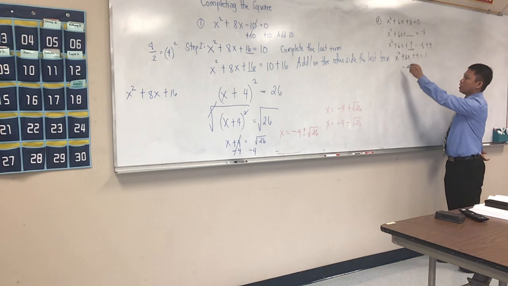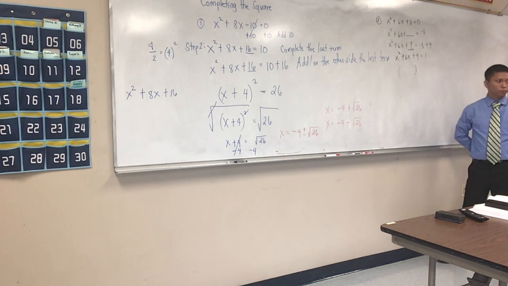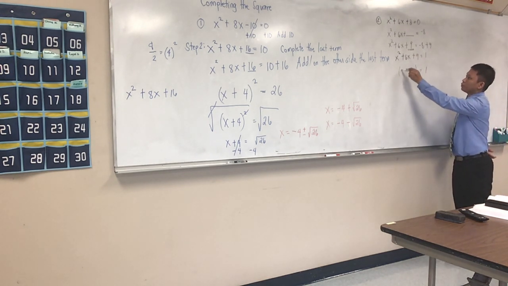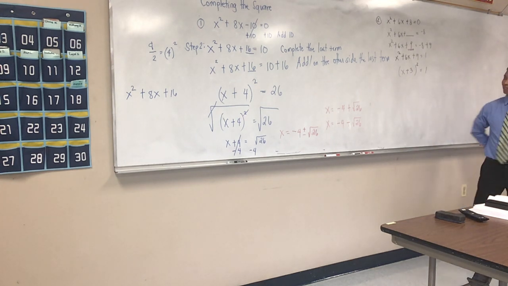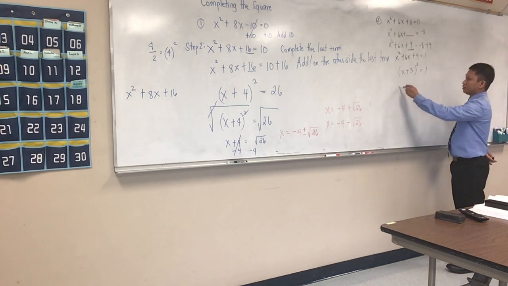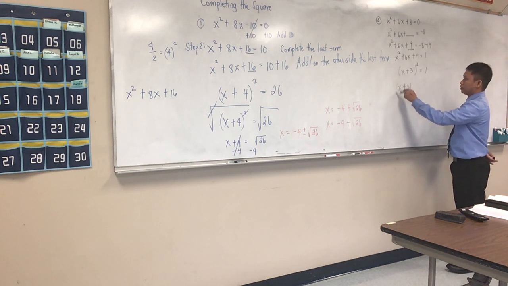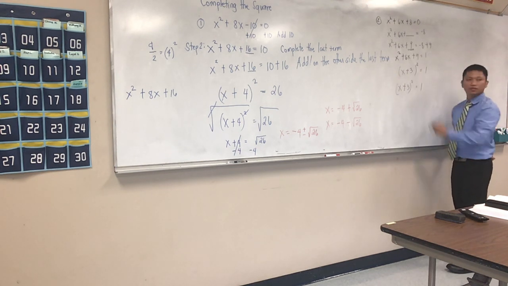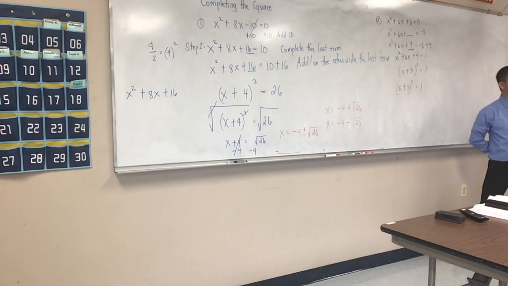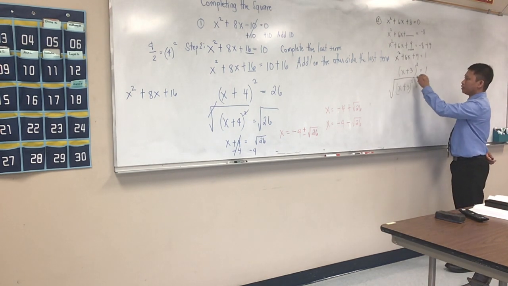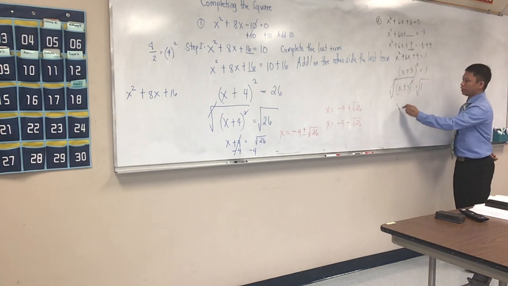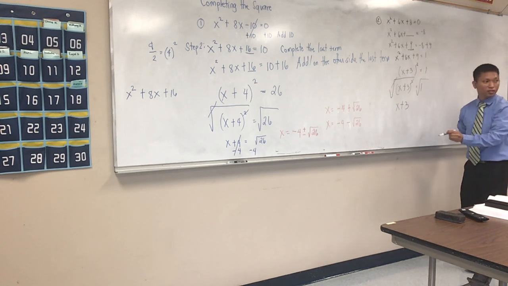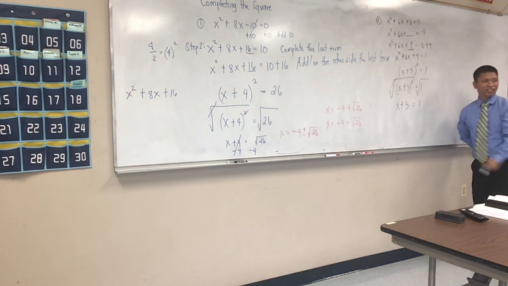So what would be the perfect square here? This would be x plus 3 squared, right? Can we get now the value of x? So square both sides, so x plus 3 equals 1.